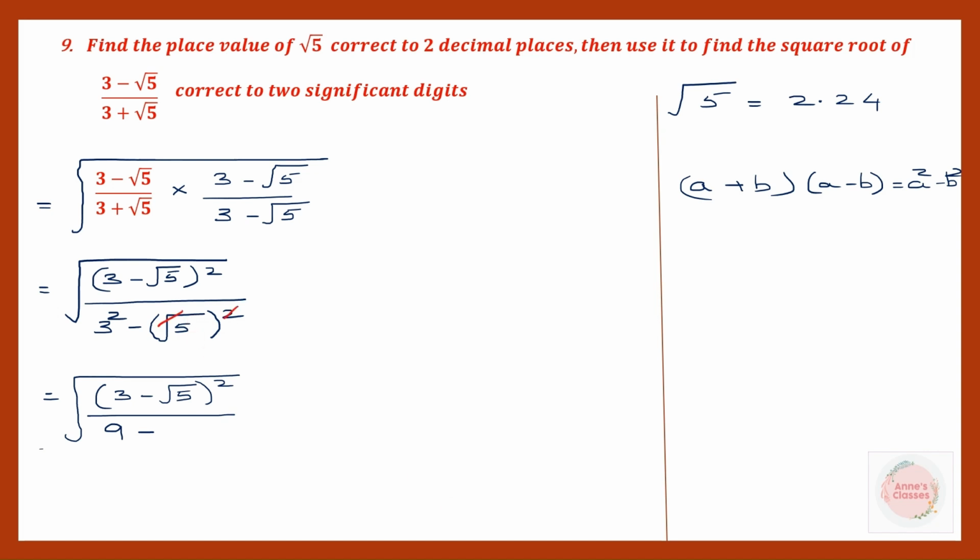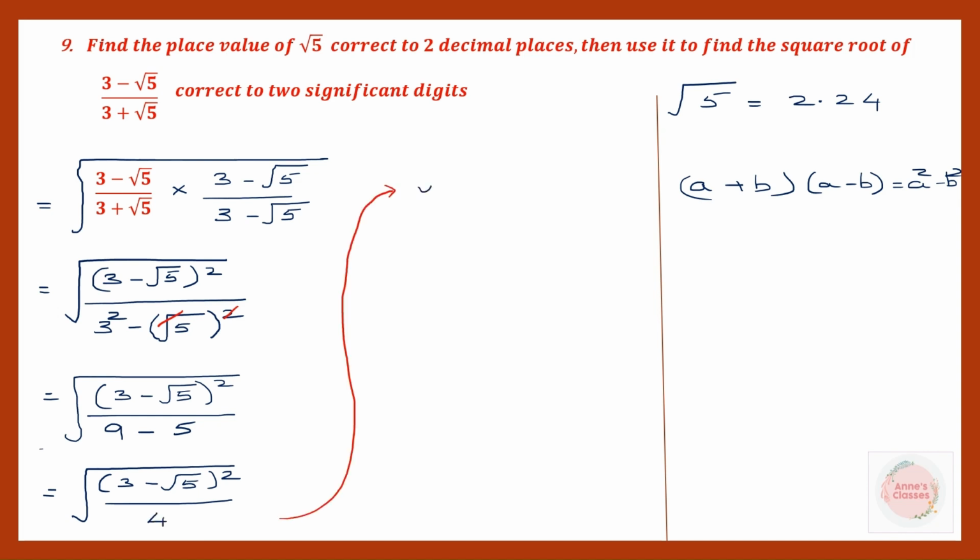So now what do you have? You have only 5. So now let's continue the same thing. We'll continue to write this as it is. So again, we're going to leave the first one as it is, the numerator square. Now here down we have 9 minus 5, which is 4.